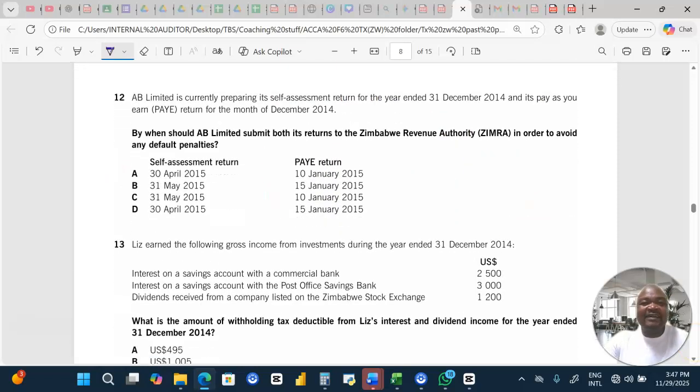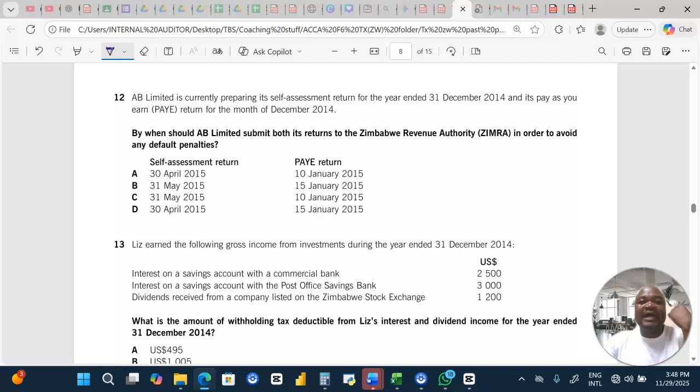AB Limited is currently preparing its self-assessment return for the year ended 31st December 2014 and its pay as you earn return for the month of December 2014. So they are preparing a self-assessment return and a PAYE return.